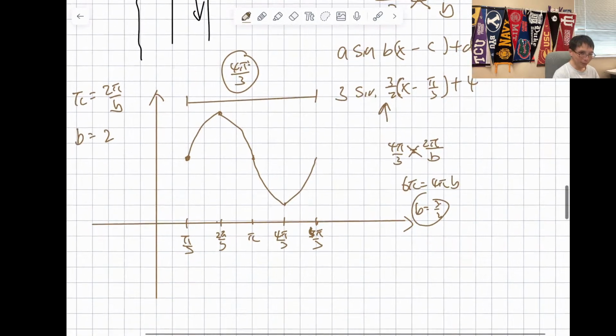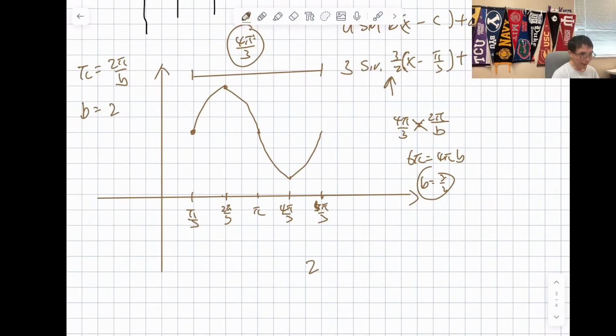Okay, let me write down really quick: 2 cosecant of 2x minus 3 pi over 8, plus 1. Is that okay?